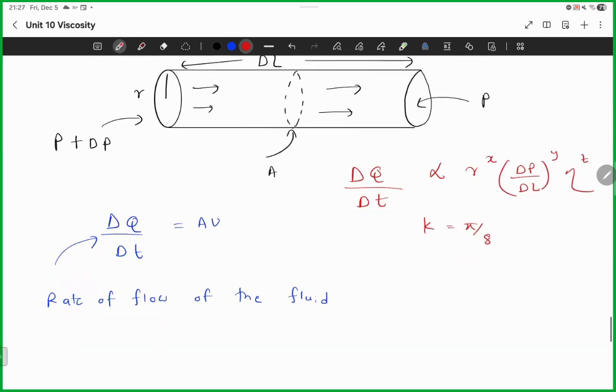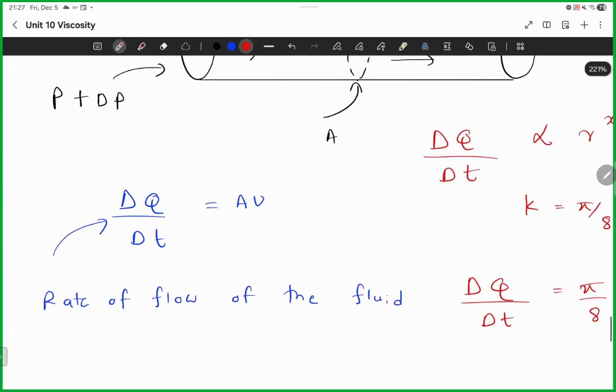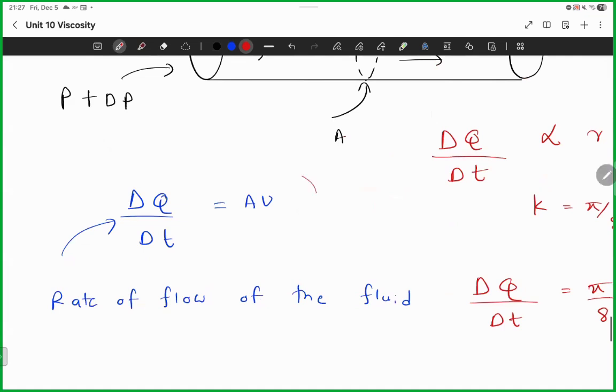So the rate of flow of the fluid, when you write the equation eventually, once you find x, y, and z, it's equal to what? 5 over 8 r to the power 4 delta p over delta L over eta. I think we have not done fluid dynamics, so I will be explaining this part in fluid dynamics.